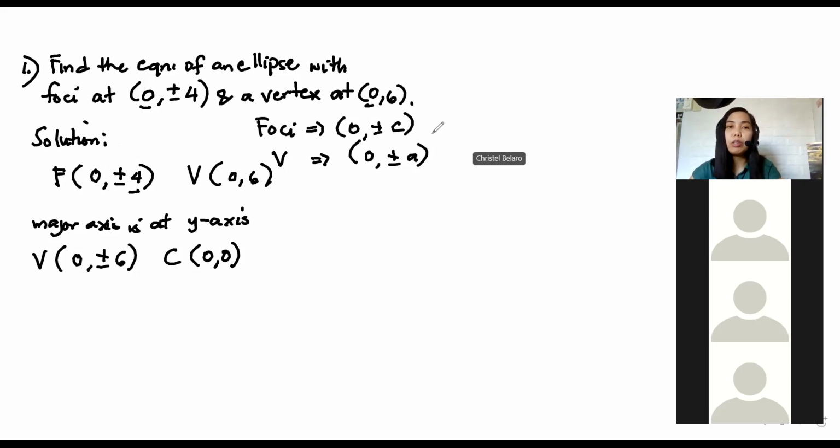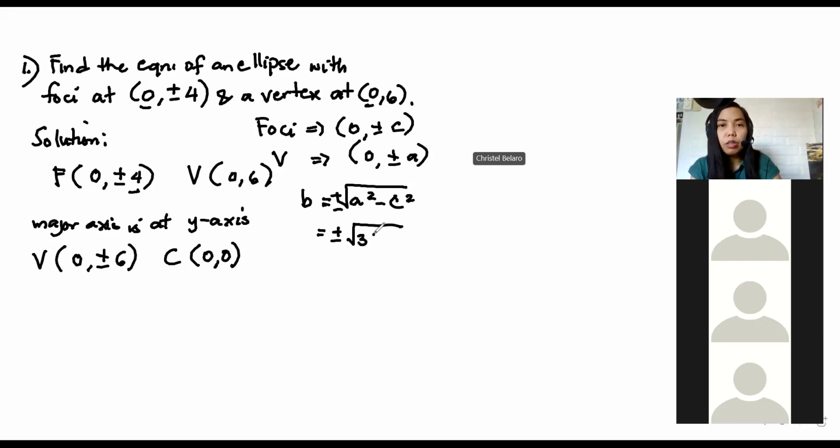We don't know the value of b, so we're going to find it. b is equal to the square root of a squared minus c squared. Here, a is always greater than c, because the major axis is here, so you can have positive, negative.